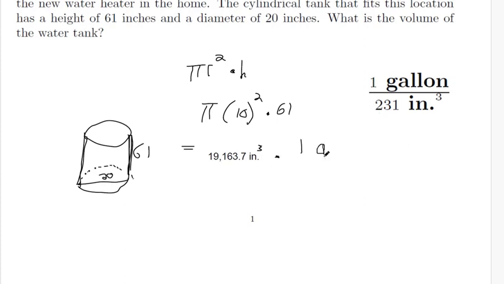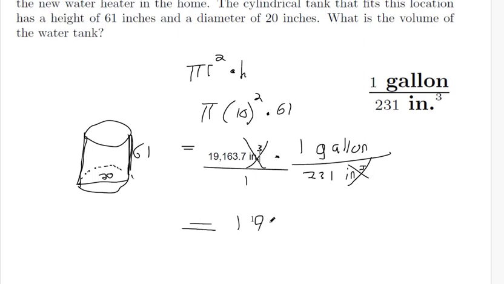So we'll multiply this by 1 gallon over 231 cubed inches. The cubed inches units cross cancel because one's in the top of a fraction, one's in the bottom. So you're going to get 19,163.7 in the top, and in the bottom you get 231 gallons.